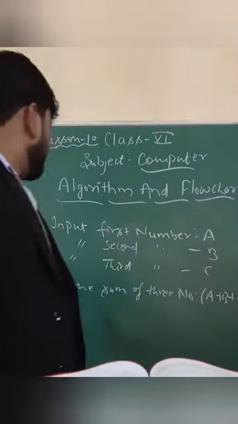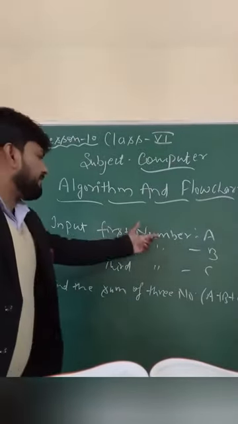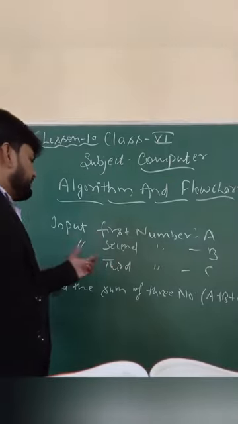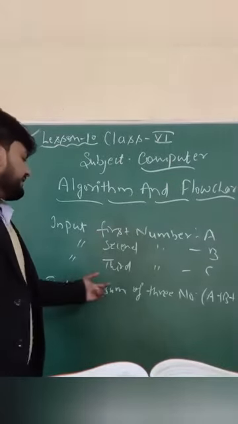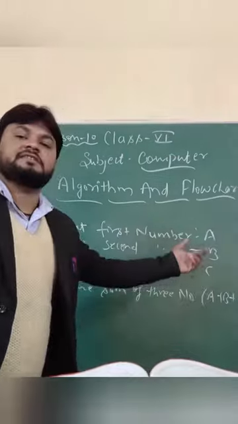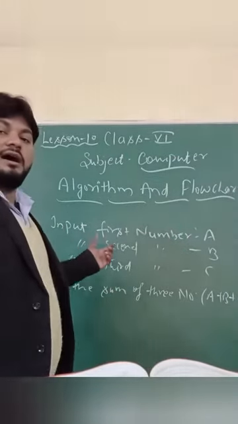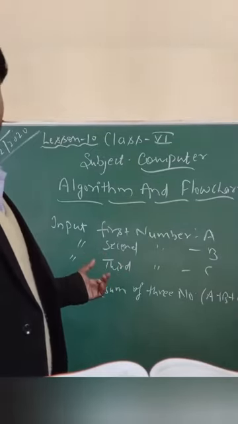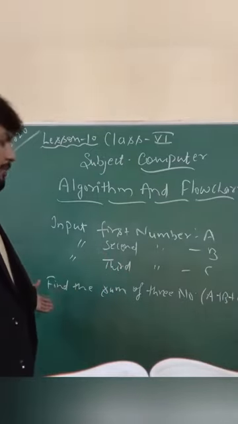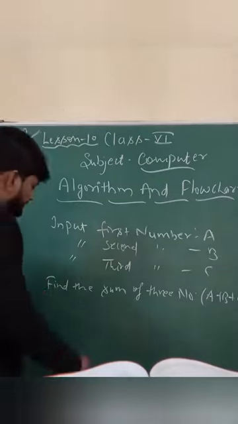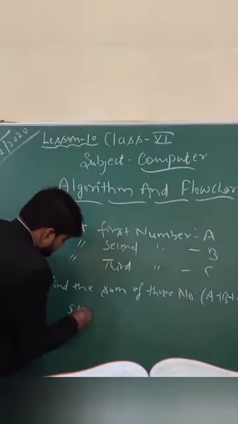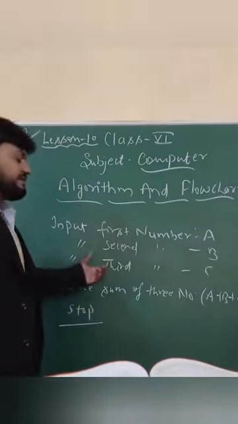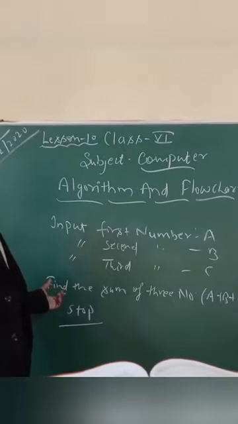These are the steps: input first number A, input second number B, input third number C, then find the sum of 3 numbers, A plus B plus C. This is the algorithm. Print the sum, then stop.